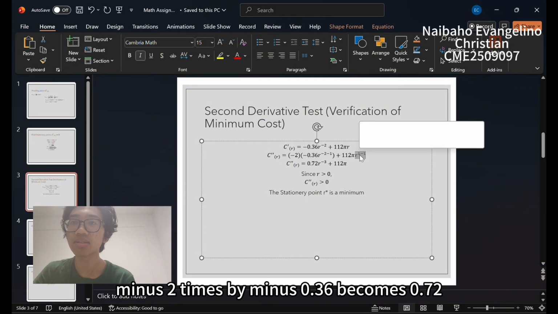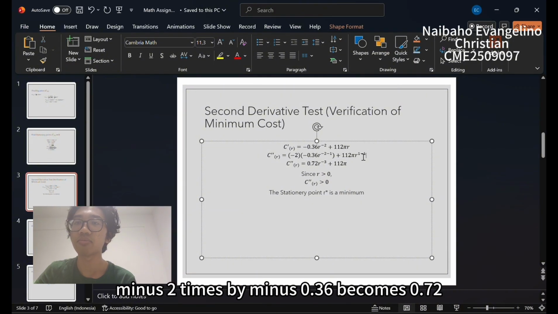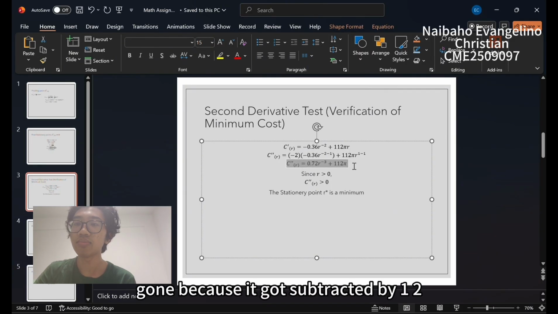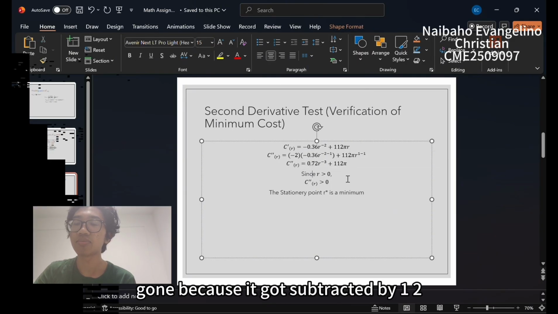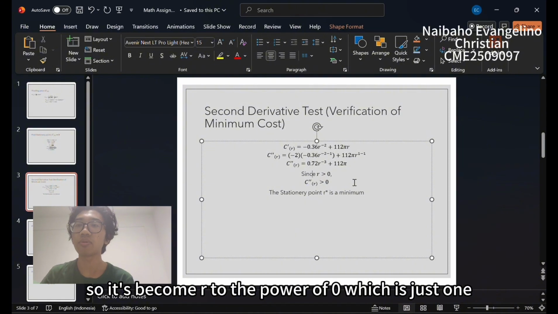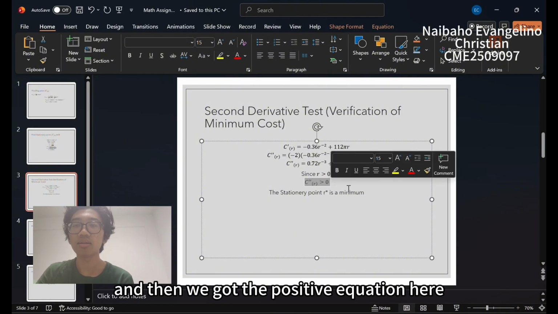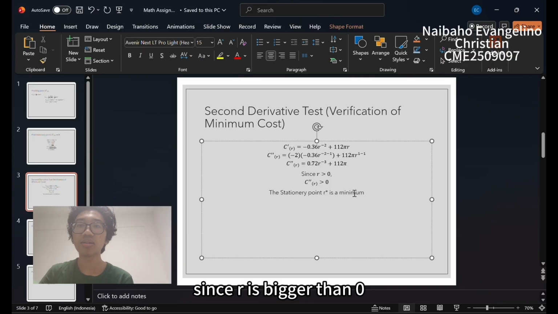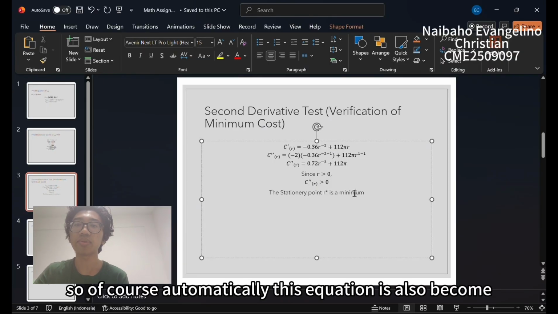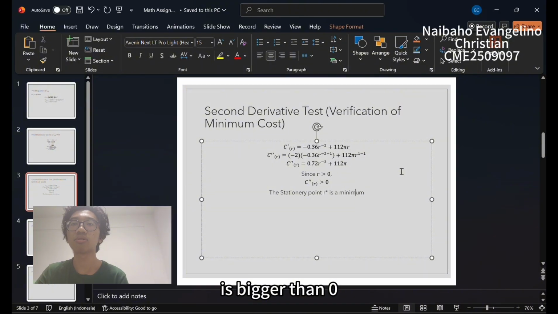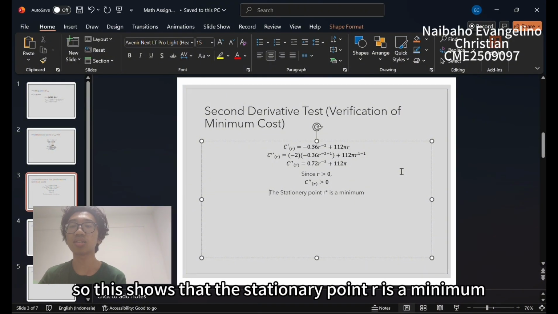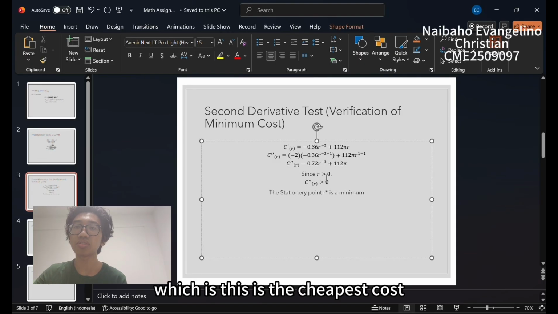Minus 2 times minus 0.36 becomes 0.72, and then the r here is gone because it got subtracted by 1 to 2, so it becomes r to the power of 0, which is just 1. And then we got the positive equation here. Since r is bigger than 0, of course automatically this equation is also bigger than 0. So this shows that the stationary point r is a minimum, which is the cheapest cost.